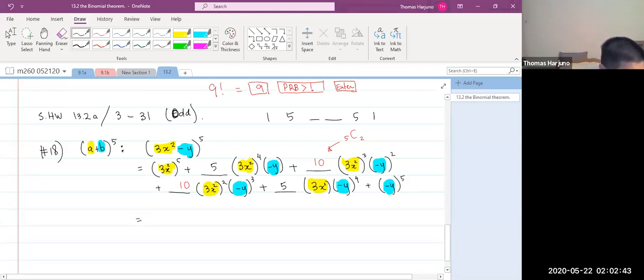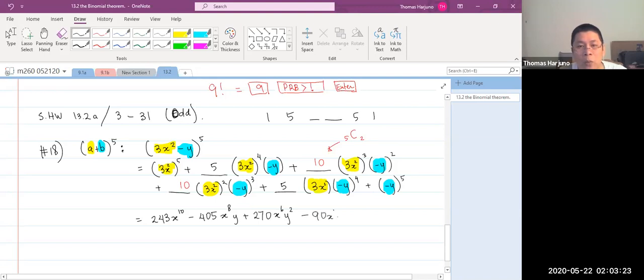This is 3 to the fifth, which is 243 x to the 10, minus 3 to the fourth times 5, which is minus 405 x to the 8y, plus 270 x to the 6y squared, minus 90 x to the 4th y cubed, plus 15 x squared y to the 4th, minus, I'm sorry, this is y to the 4th, y to the 5th.